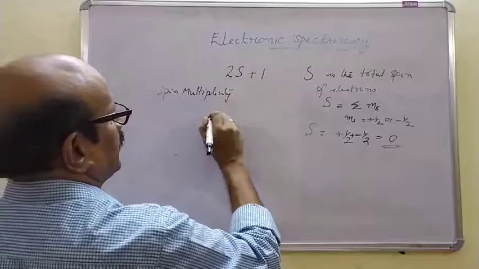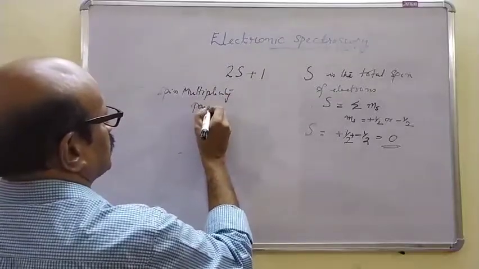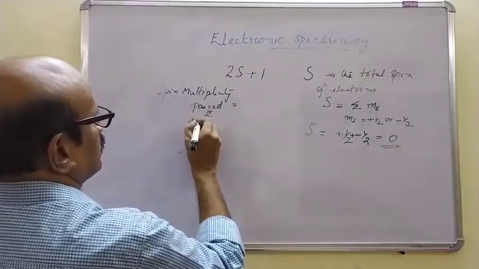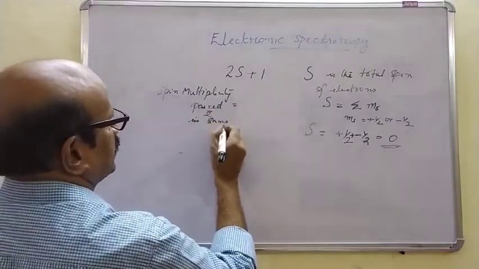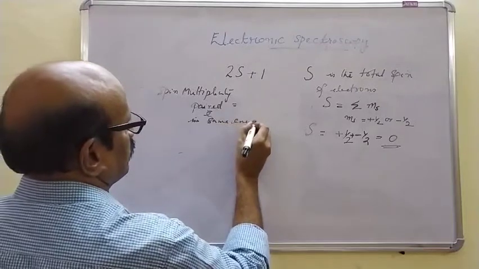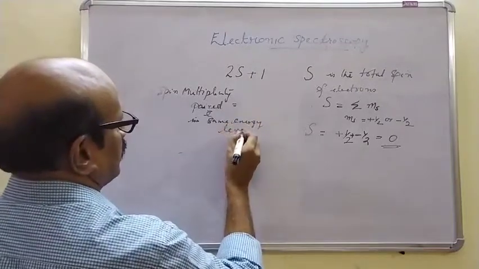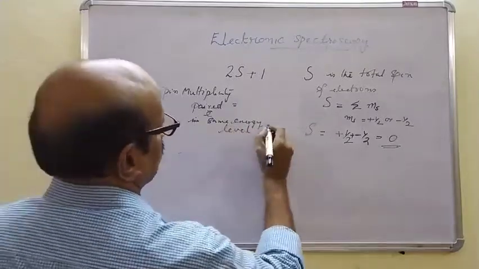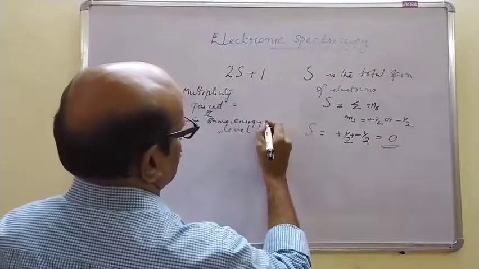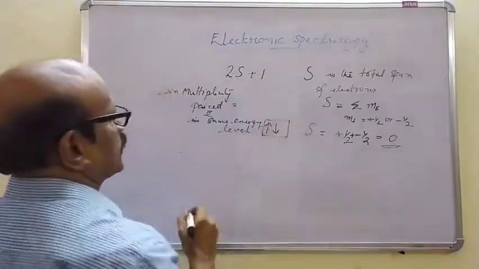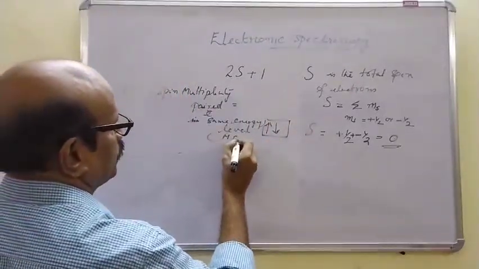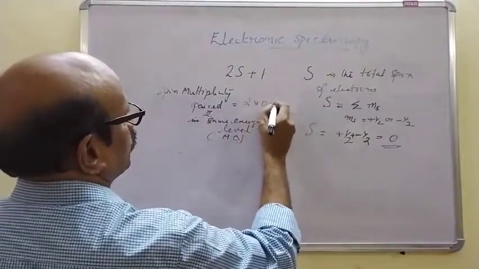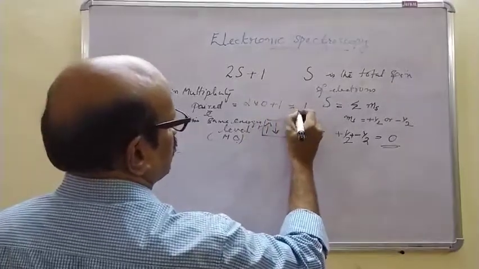Therefore, in that case, the spin multiplicity of such a paired electron state, in the same energy level, represented by plus and minus half like this, in the same molecular orbital, same MO, is 2 into 0 plus 1, that is equal to 1.